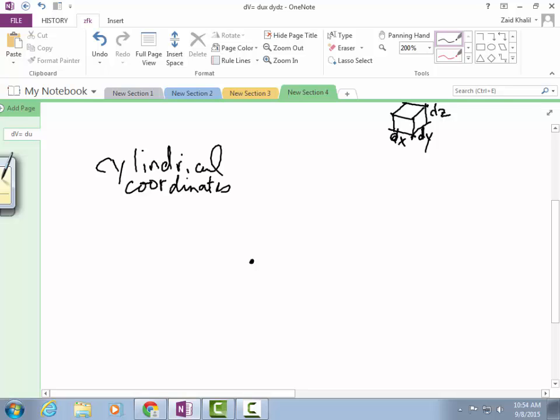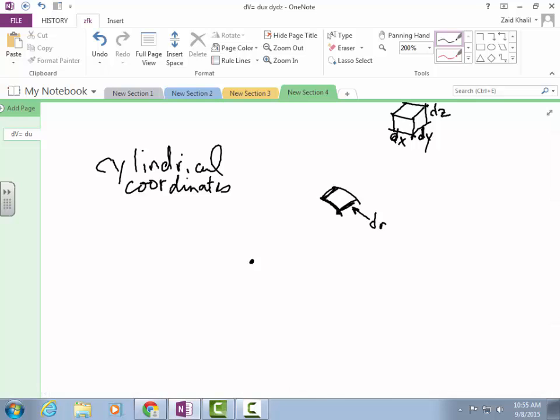Now, this side is going to be dr. And realize what I'm doing is morphing the cube to have the same volume in this new coordinate system.